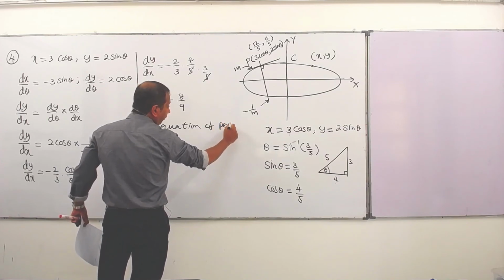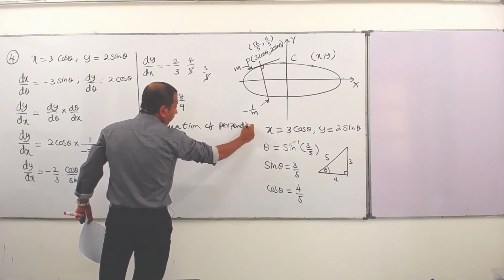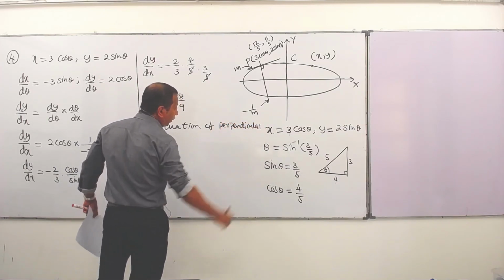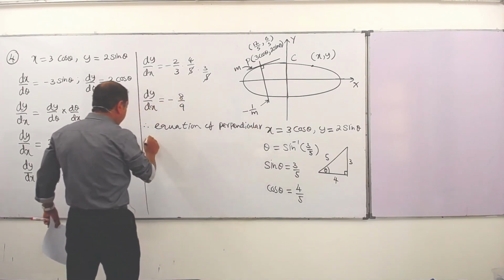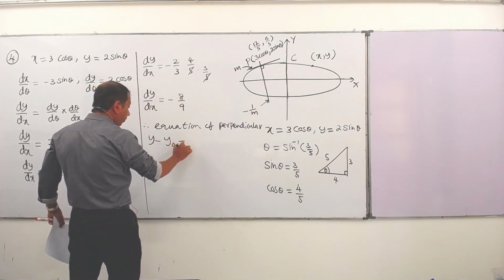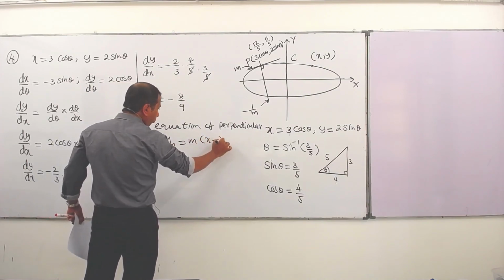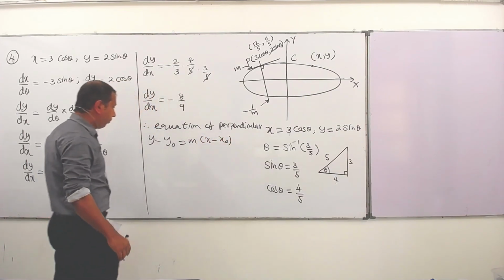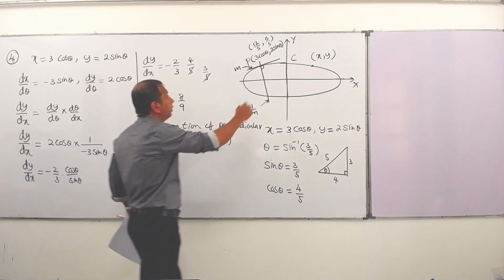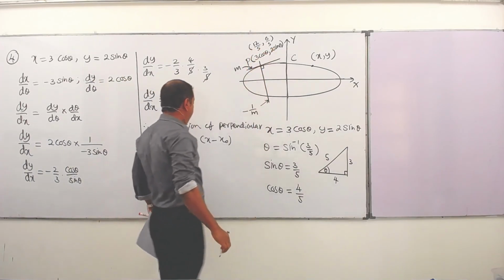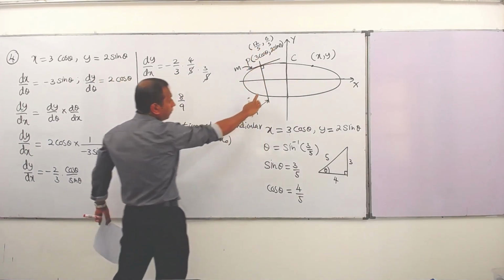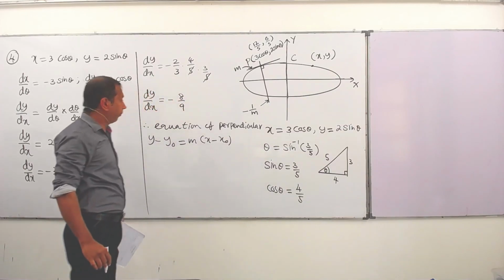Therefore, the equation of the perpendicular. We write y minus y naught equals m times (x minus x naught), this formula, where (x naught, y naught) are these coordinates and m is the gradient of this perpendicular.